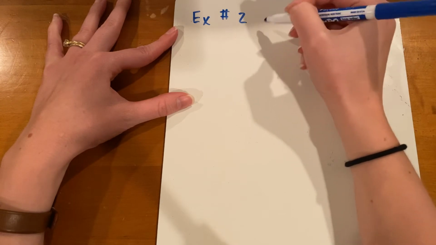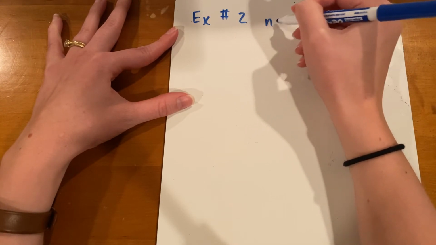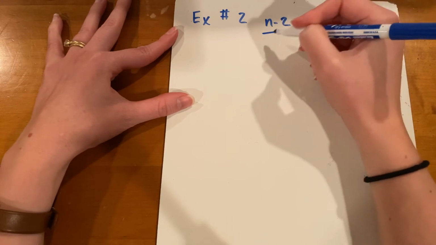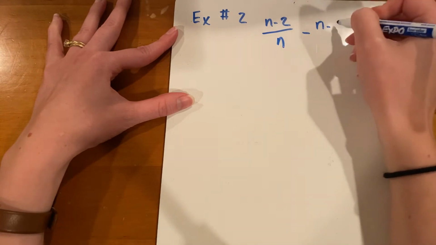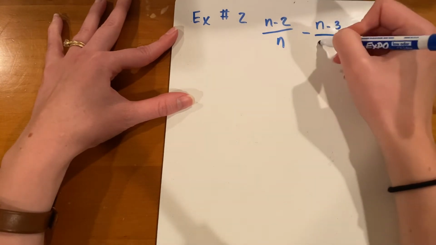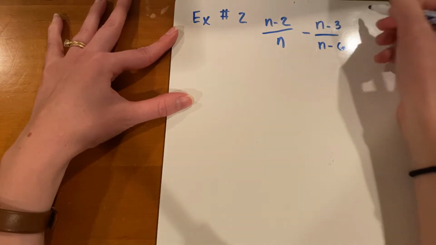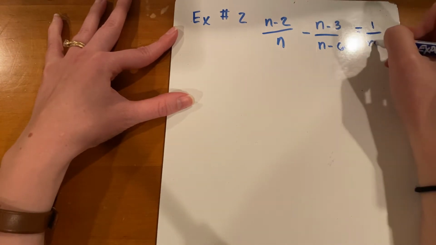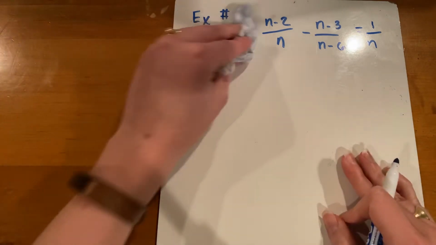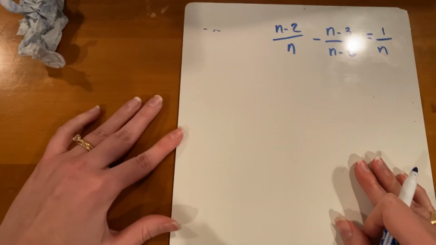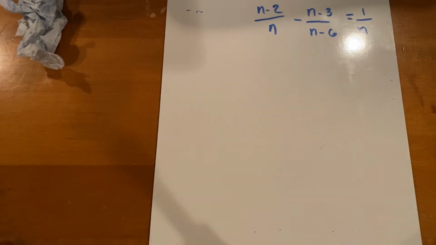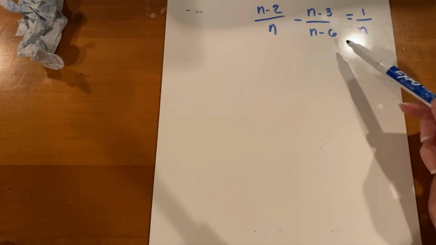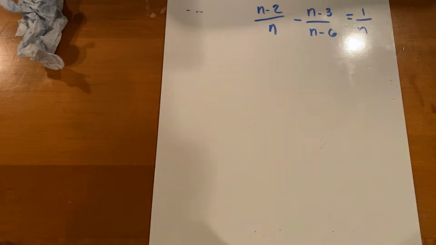Example number 2 says to solve this equation: n minus 2 over n minus n minus 3 over n minus 6 is equal to 1 over n. Typically we would be concerned about the fact that we have an n minus 6 and just a single n as our denominators.